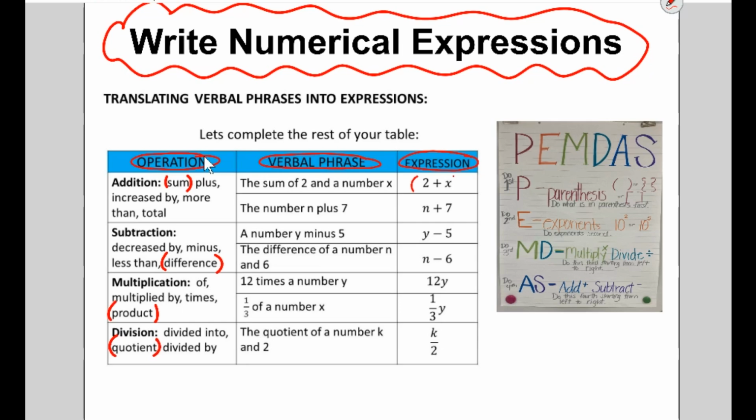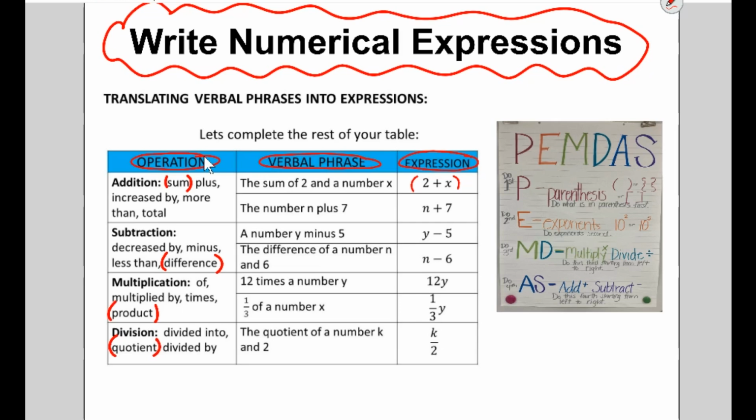Same as difference of. That's why I put parentheses around those words on this chart so that you guys can also know that. But again, the next example for addition is the number n plus 7. That's just saying we're writing the letter n and then we do plus 7.